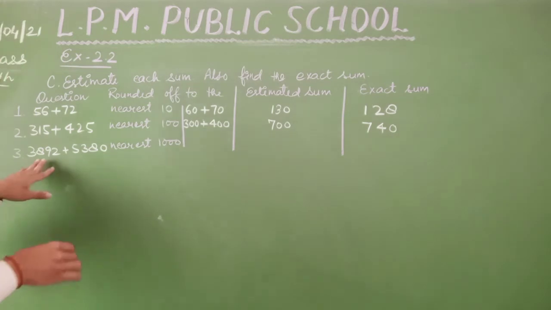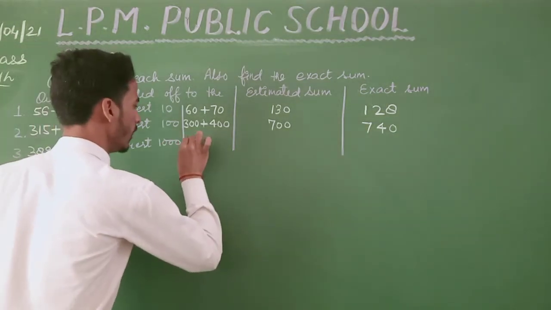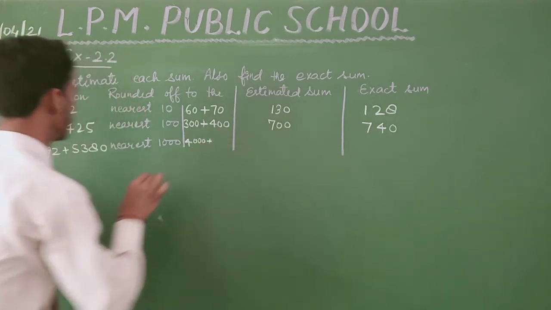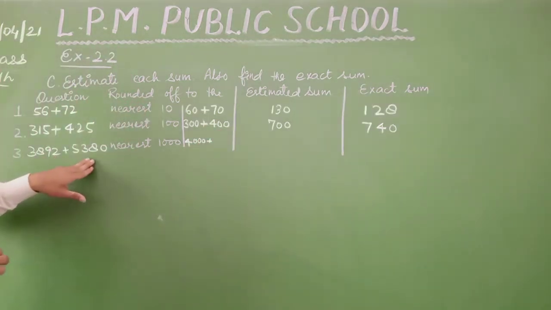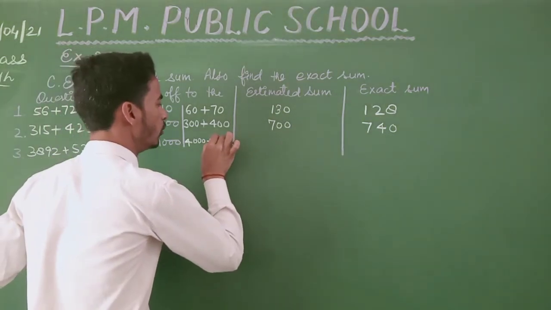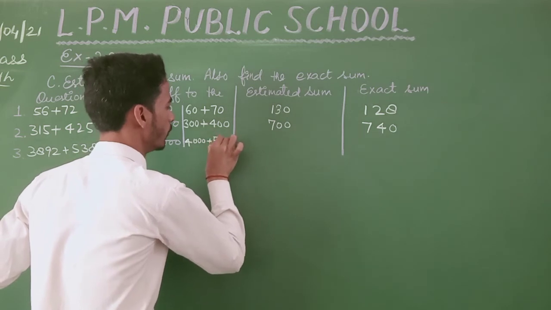So it is rounded up to 4000. Okay, and plus 5380 is between 5000 and 6000, but closer to 5000. So we have to round it off to 5000.